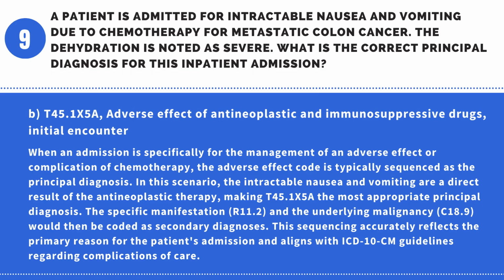The specific manifestation, R11.2, and the underlying malignancy, C18.9, would then be coded as secondary diagnoses. This sequencing accurately reflects the primary reason for the patient's admission and aligns with ICD-10-CM guidelines regarding complications of care.